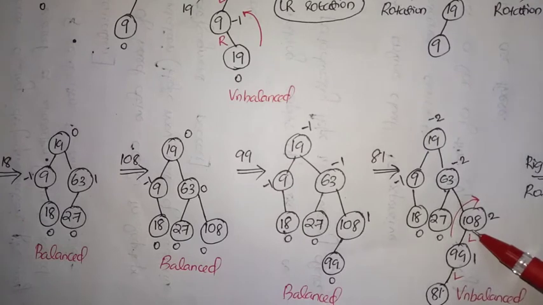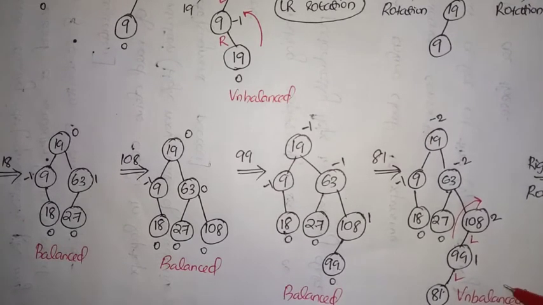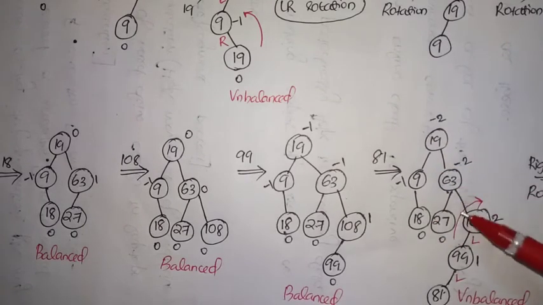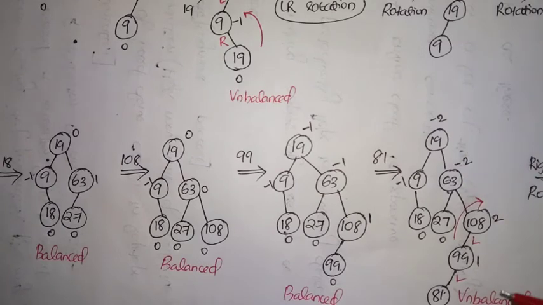In this case 2 minus 0, that is 2. And in the case of root node 2 minus 4, that is minus 2. So we can see that this tree has become unbalanced, since the values minus 2 and 2 are present.